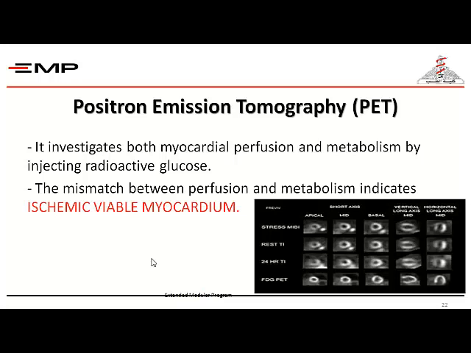The mismatch between perfusion and metabolism indicates ischemic viable myocardium. It is ischemic, but it is still living, so it will benefit from any form of revascularization, either by putting a stent or by undergoing a coronary artery bypass graft.